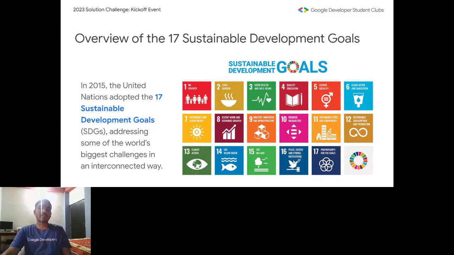These are the goals announced by the United Nations, to be fulfilled by 2030. For example, everyone should think about how they can build a solution under these.